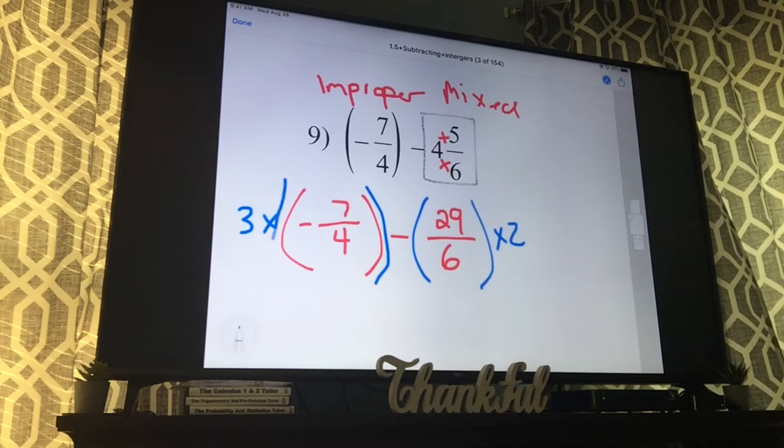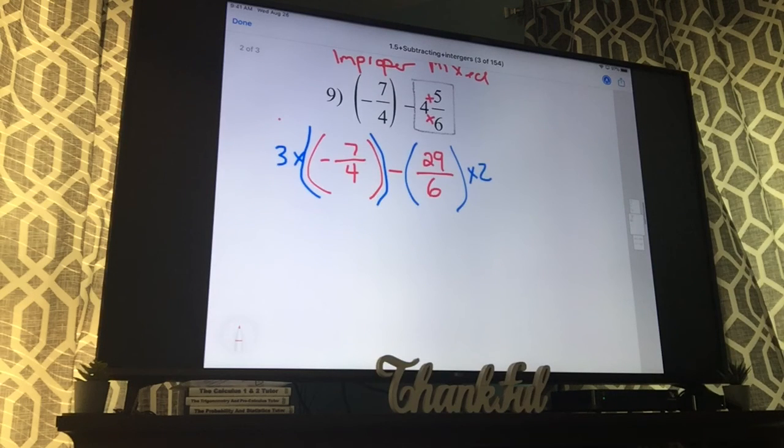Let me put a little thing right here. Okay? So, 7 times 3 is 21. And 3 times 4, we're going to get a 12. Minus 29 times 2. And then we got a 2 times 6.